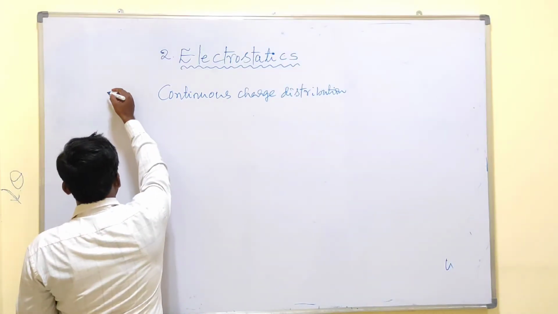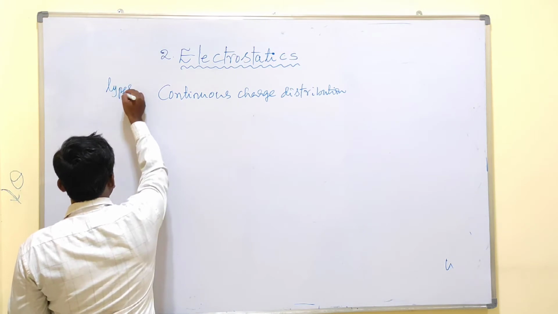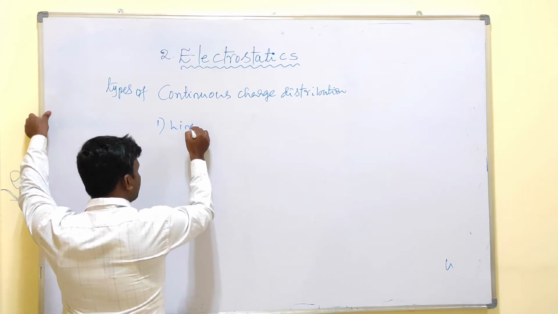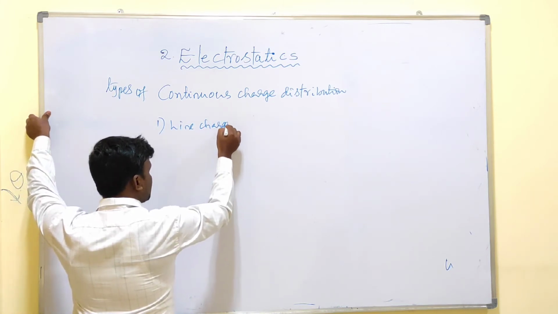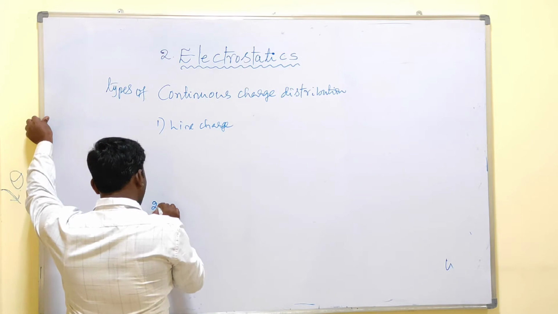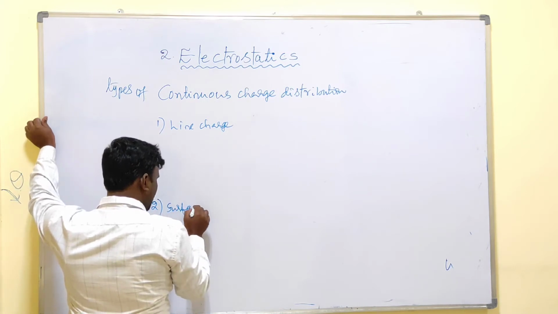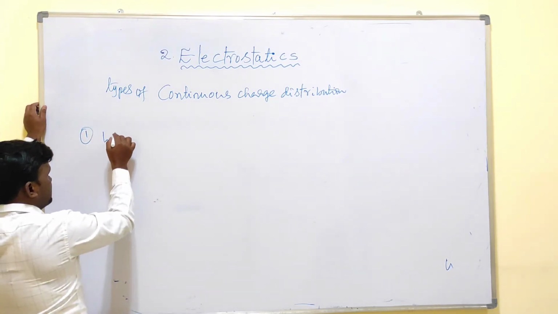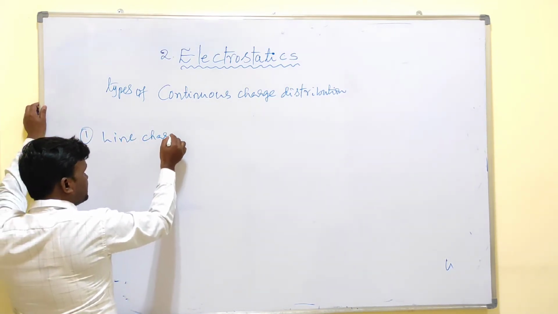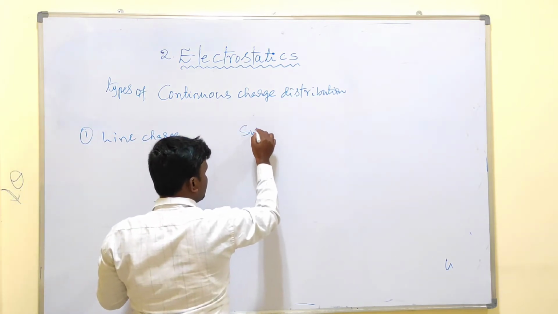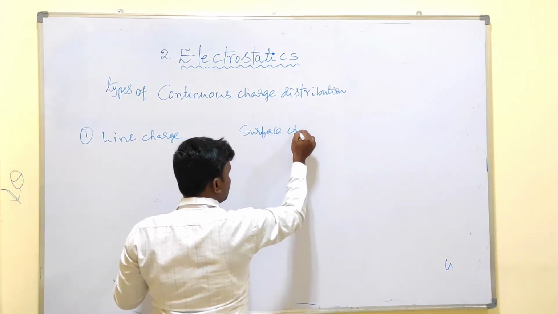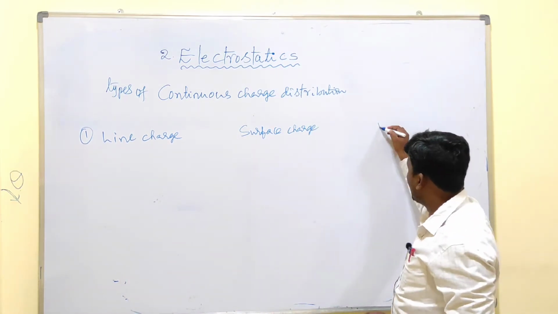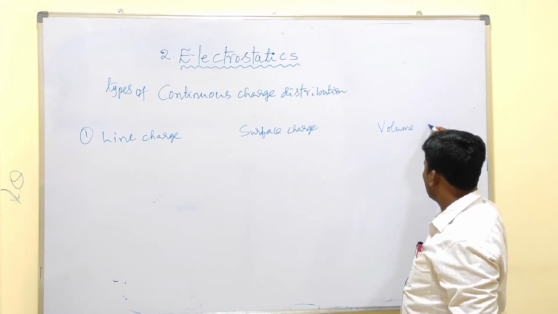We have different types of continuous charge distribution. The first one is line charge, the second one is surface charge, and the third one is volume charge.